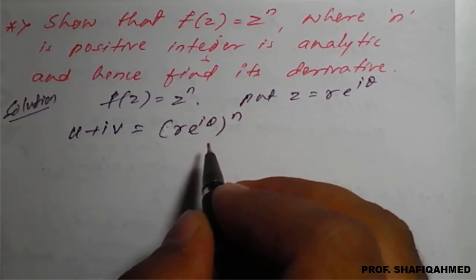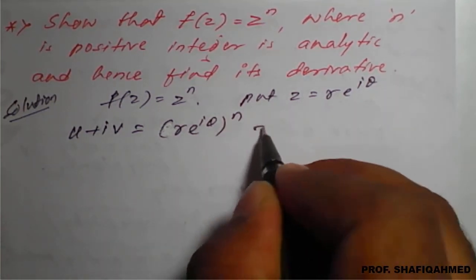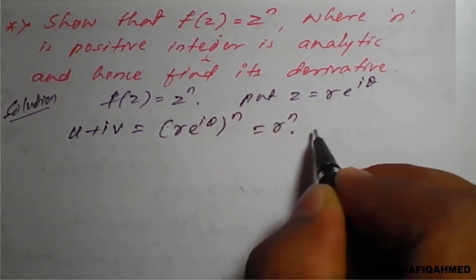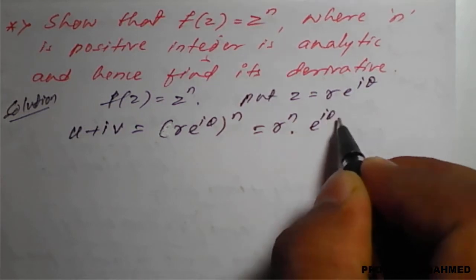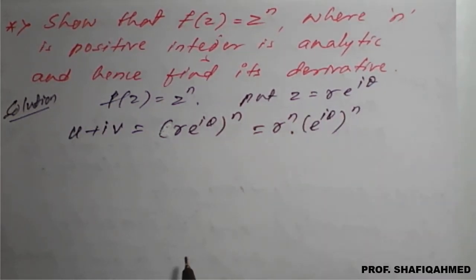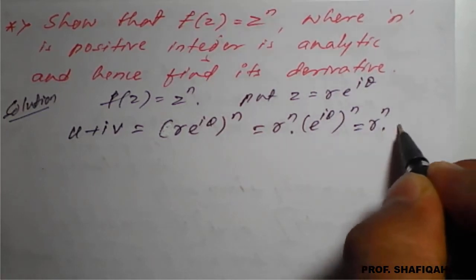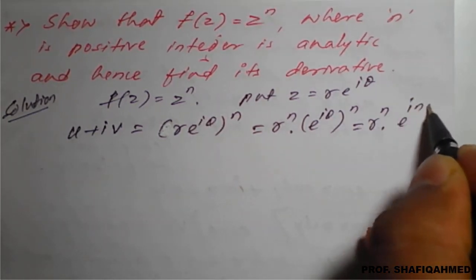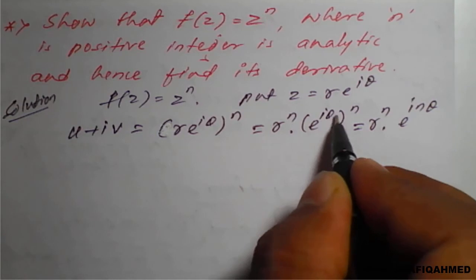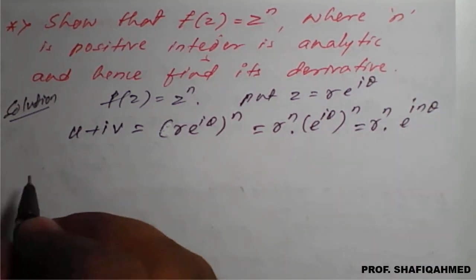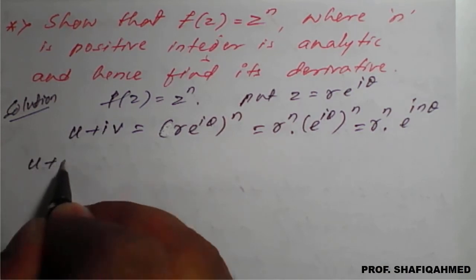This can be written as r raised to n into e raised to i theta whole raised to n, or r raised to n into e raised to i n theta. So e raised to i theta raised to n can be written as e raised to i n theta. Now just observe, be careful here.